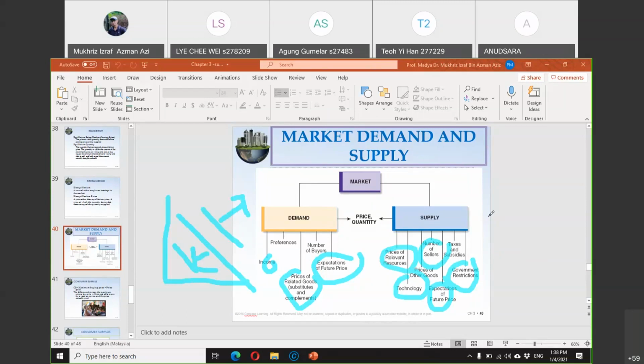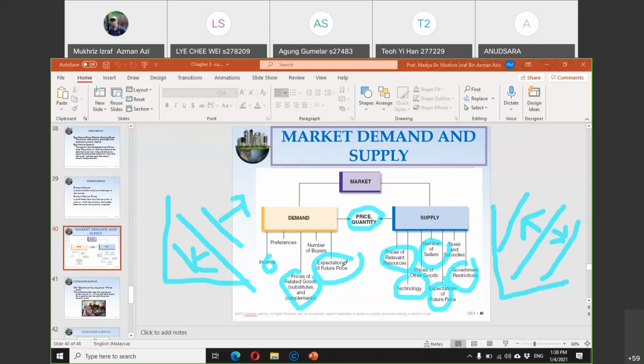For supply, any of these factors changing will cause the supply to increase or decrease. Movement to the right means an increase in supply, movement to the left means a decrease in supply. But if it is the price that changes, we call it a change in quantity demanded or a change in quantity supplied.